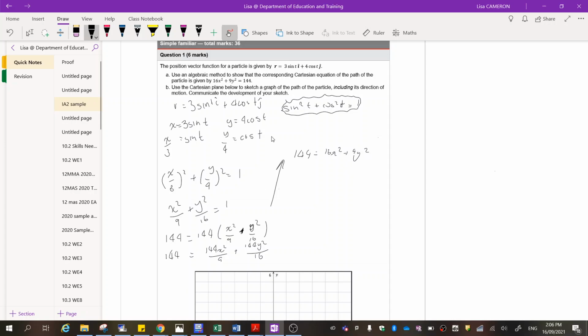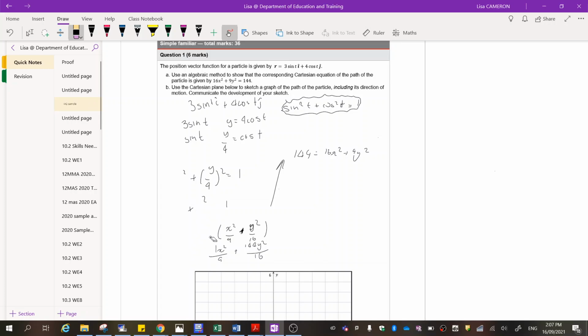Now, this equation looks identical to the one in the question. So we have proved that this model, by using Pythagorean identities, can form a Cartesian equation of a certain particle. All right, so that question's done. We'll go on to question B.